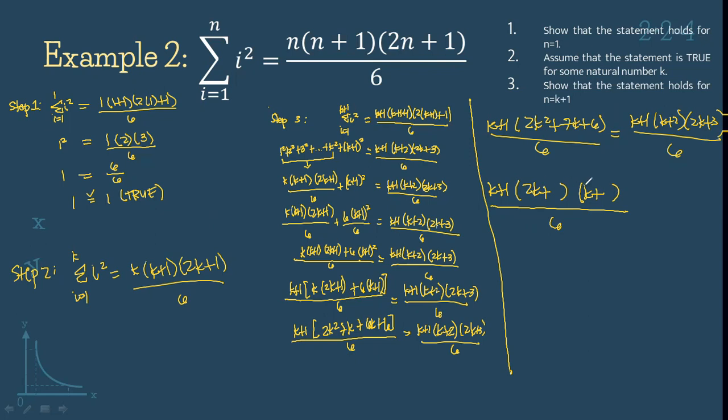But we do not know which of these two gets the 3 and which gets the 2. So let's try putting the 3 here and the 2 here. Let's check if the order is correct. We have here 3k, 3 times k, that is 3k, and 2k times 2, that is 4k. So 4k plus 3k, that is 7k, which is equal to this. So that means our order is correct.